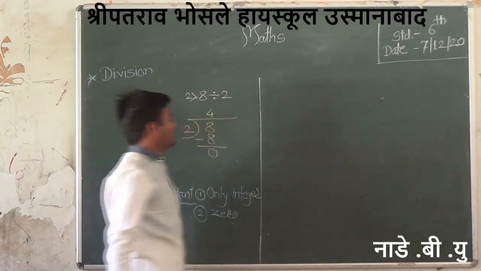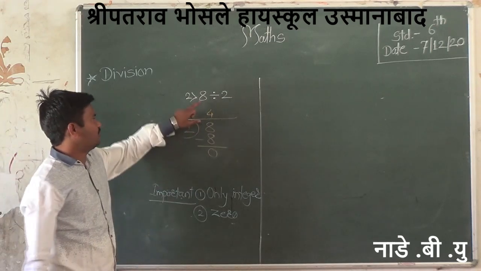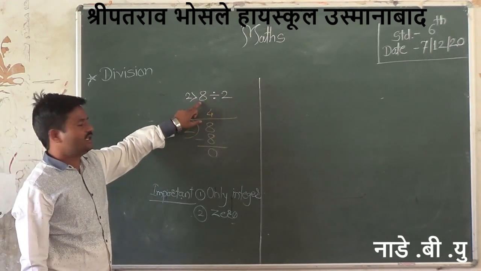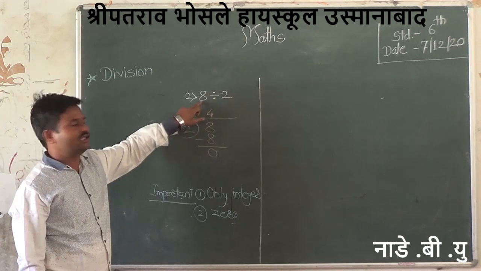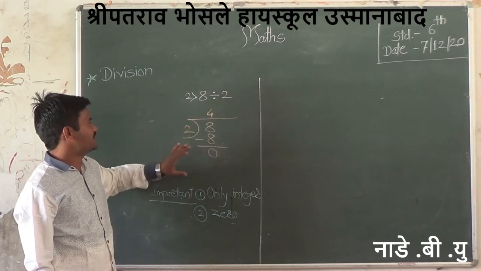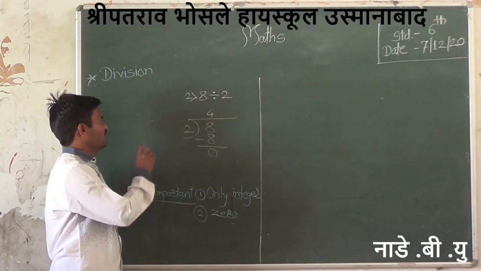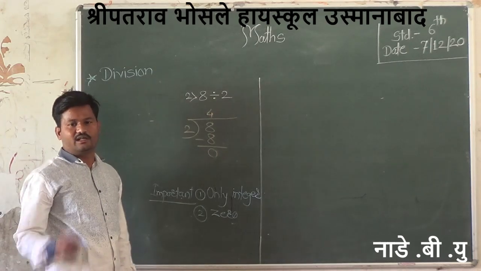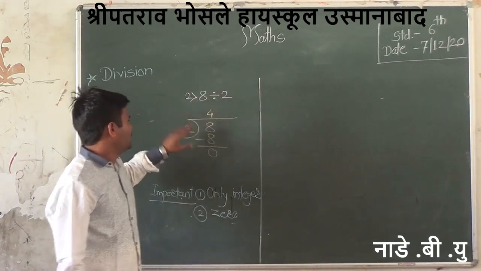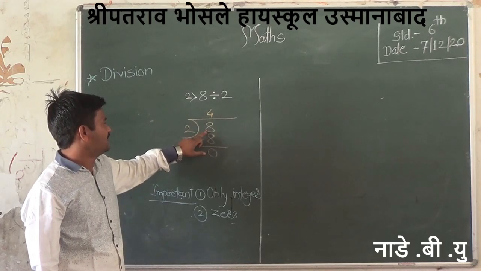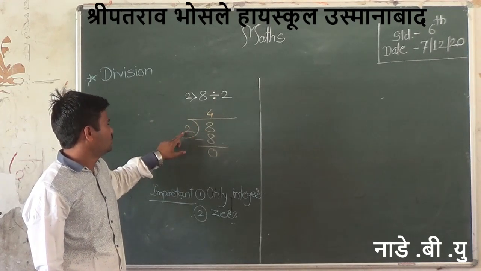Here in this example, 8 divided by 2, 8 is completely divided by 2. Examples like this are called completely divisible, like 8 divided by 2.